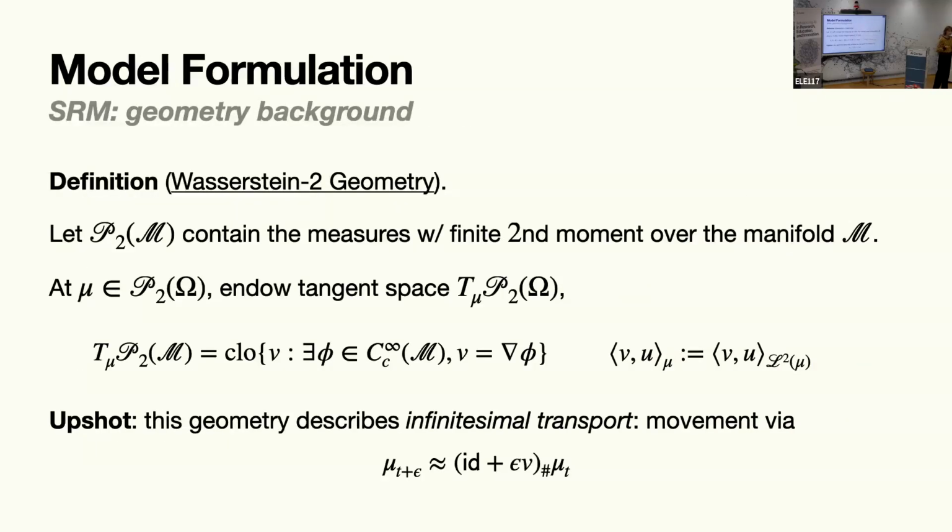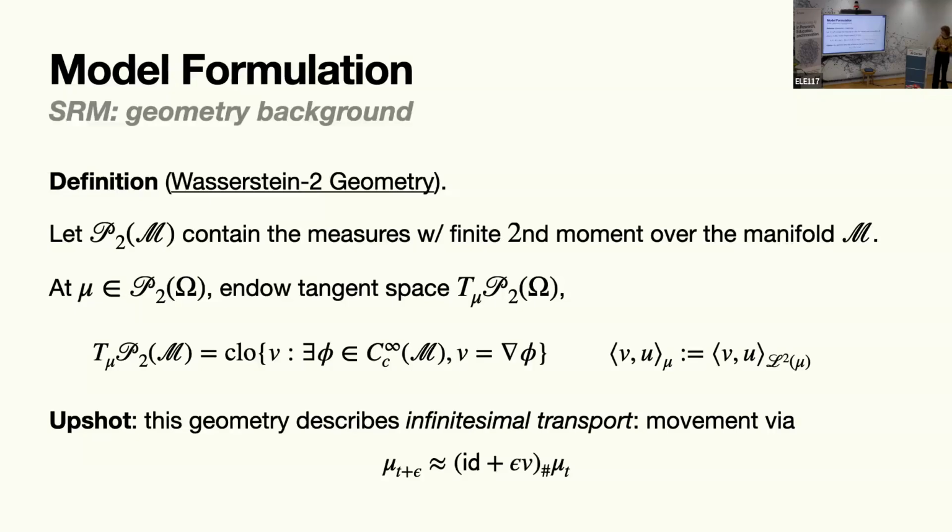Okay, so Wasserstein 2 geometry, this is our first option. Here I take a base manifold M. Script P is the set of all measures on that manifold, so probability distributions. You could think of M as R^d. And to each distribution, we give a tangent space.